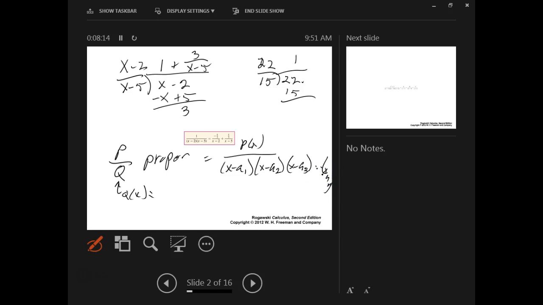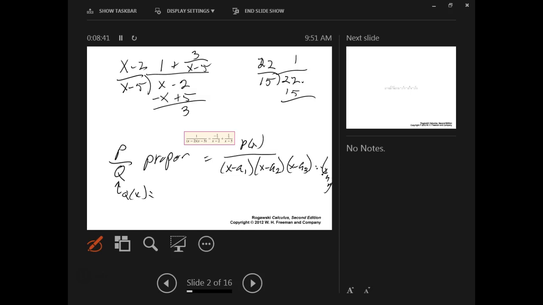So you have n linear factors. And those roots, a1, a2, a3, and so on, are all distinct, none repeated. And the degree of P is less than n. That makes it proper.